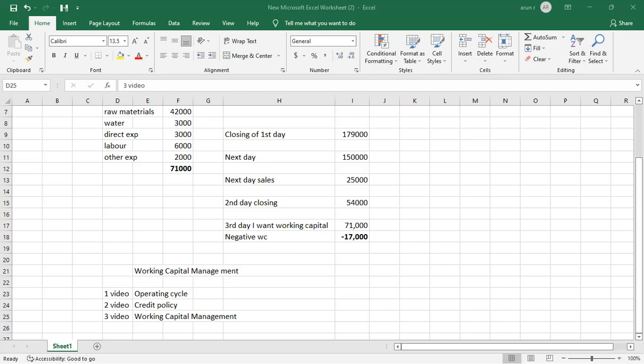Operating cycle is equal to raw material plus work in progress plus finished goods plus average collection period minus average payable period. Average collection means debtors, average payable means creditors. There are some formulas; we will just go through them.